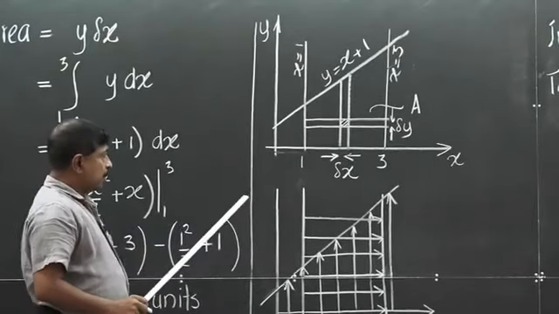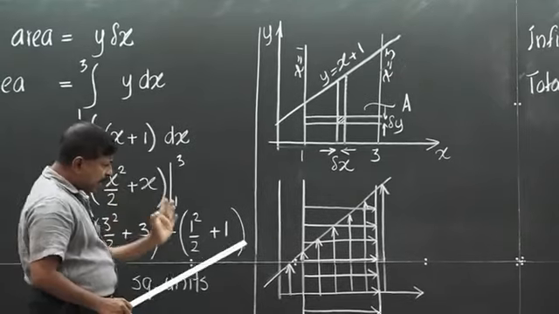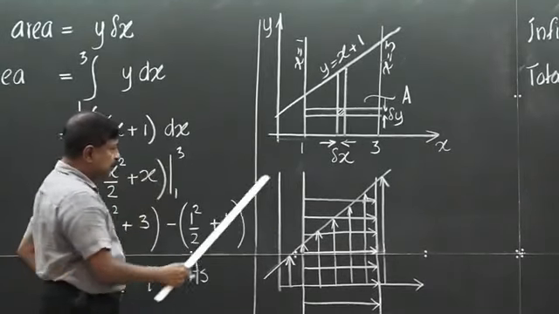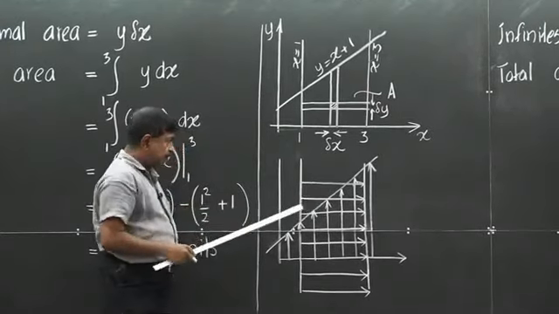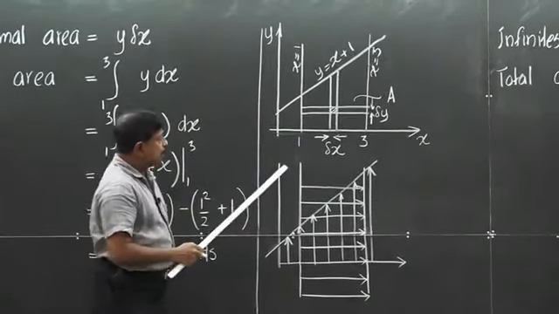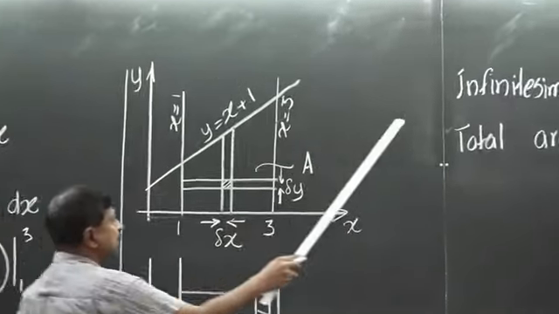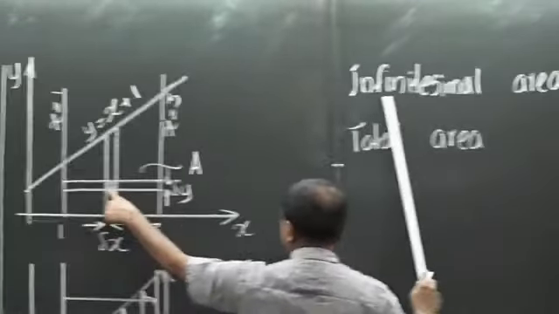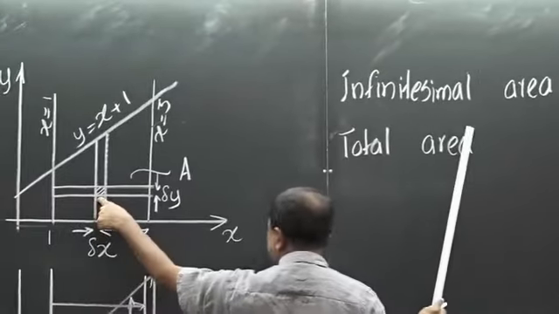Now, here there is a little problem with the limits. We need to be very careful when we assign the limits. That is why you have this diagram here. I will come back to this later. First, we will consider the infinitesimal area. As we know, it is delta x delta y. It is the area of this rectangle.